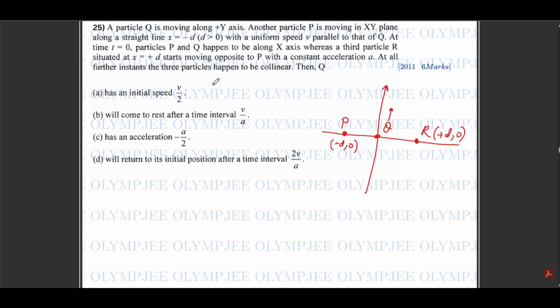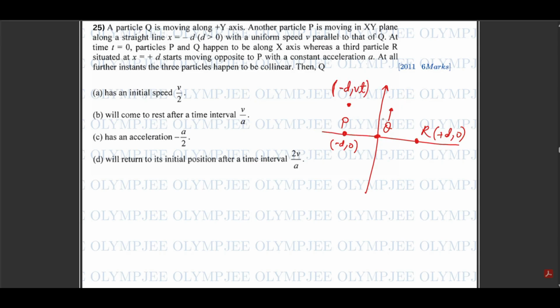Since at all further instants the three particles happen to be collinear, we need to write the position of all three particles at any instant. So p is moving with velocity v in the y direction. At any random t, it can be given as minus d comma vt.